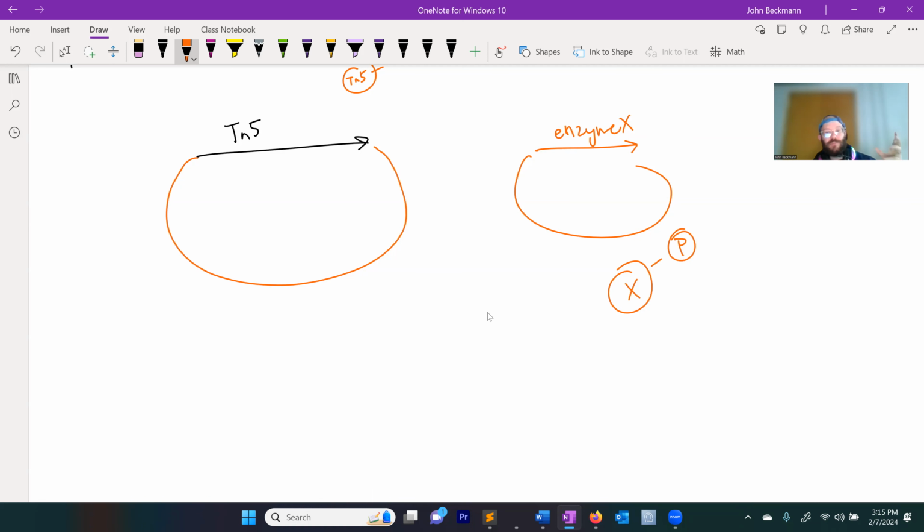You can actually make mutations that are called phosphomimetic. There are certain amino acids that look like they've been phosphorylated. If you make those mutations, it can make protein X behave as if it's always phosphorylated. So that's another example of how you can enhance some enzyme's function with a mutation. Okay.